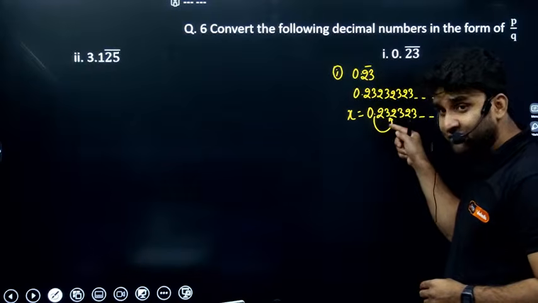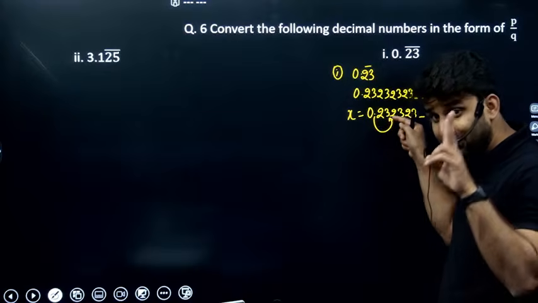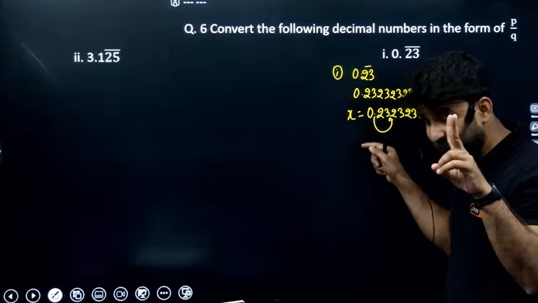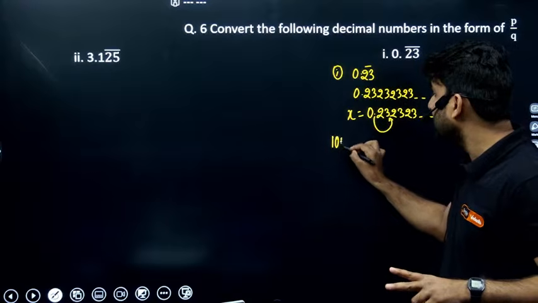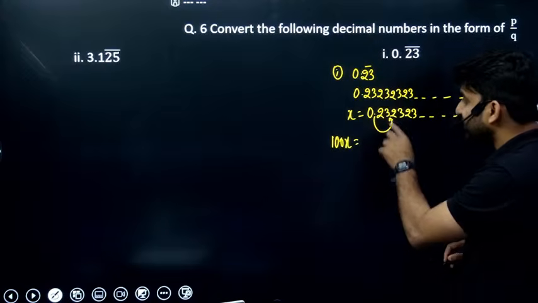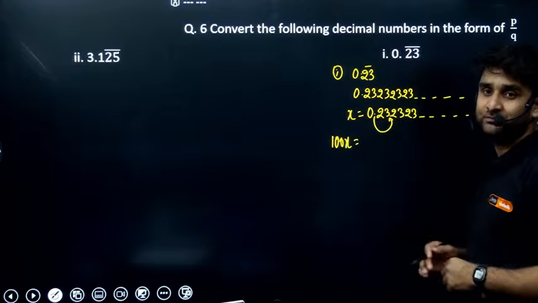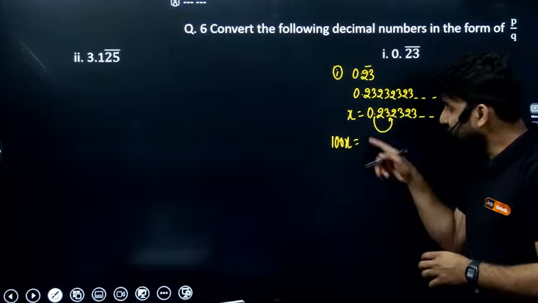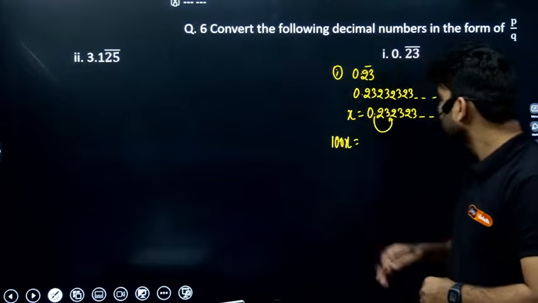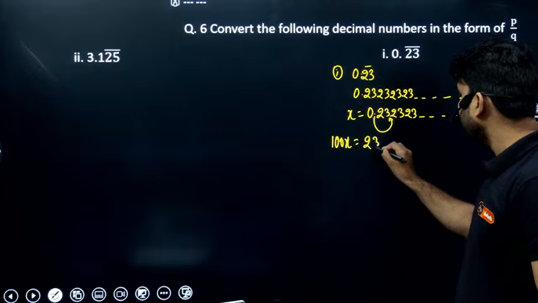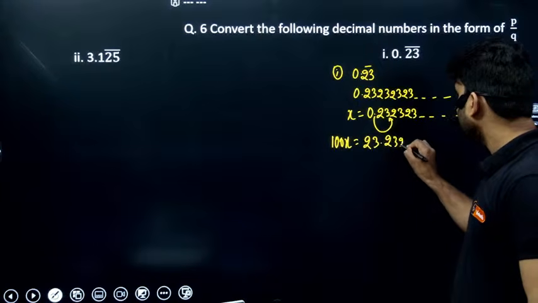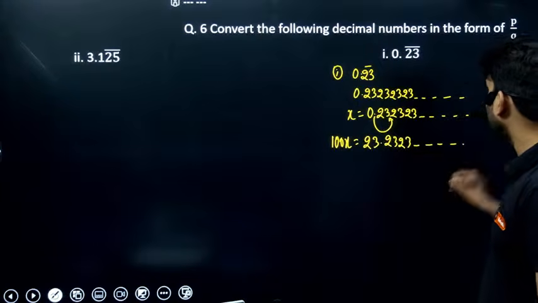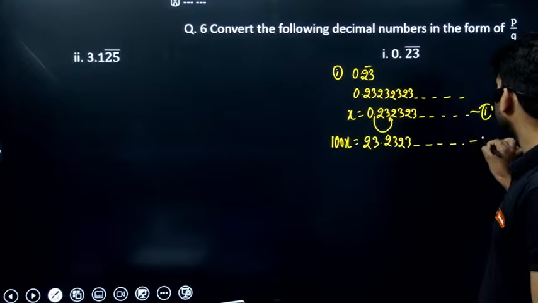And how can we shift? The decimal will shift behind two digits, so we have to multiply with 100, because we are shifting the decimal by two digit places behind 23. So it will become 23.2323 and so on. This is equation number 1 and this is equation 2.